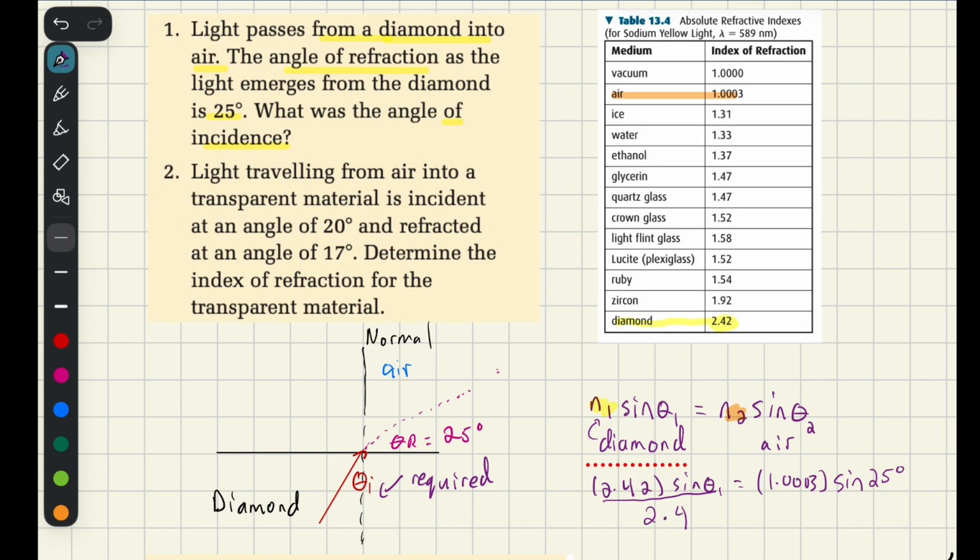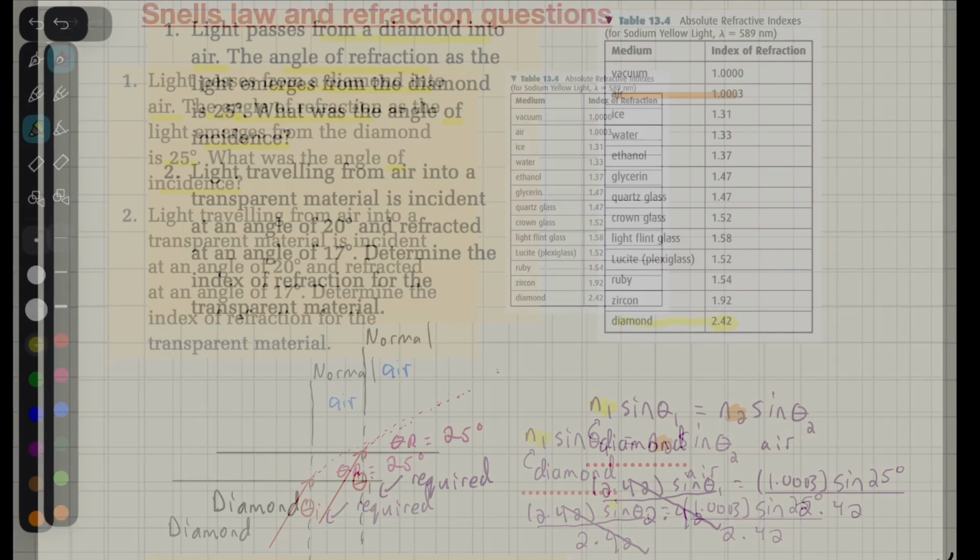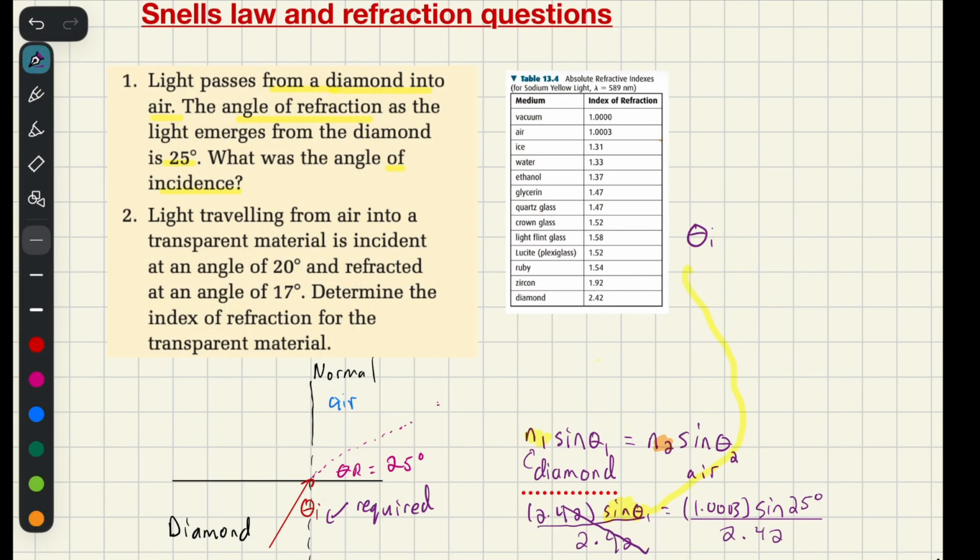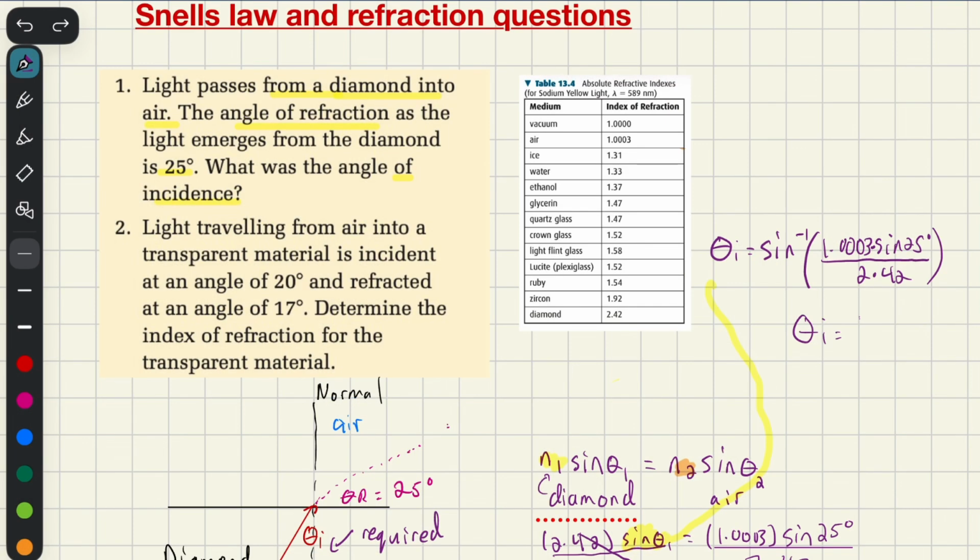And since this is a sine function, remember you have to inverse it to get the actual angle of incidence. And so after inversing, we get an angle of incidence of about 10 degrees, and that represents the angle that the light hits the first medium with.